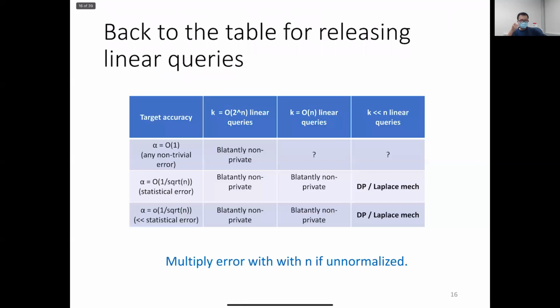Okay, so back to the table that we had from the first lecture, when we were constructing a specific attack which leads to blatant non-privacy. We've said that this reconstruction attack is really a low bar. If we can blatantly reconstruct the data set up to 90% of its coordinates correctly, then no reasonable privacy preserving method should work.